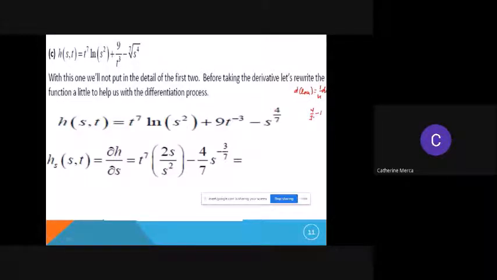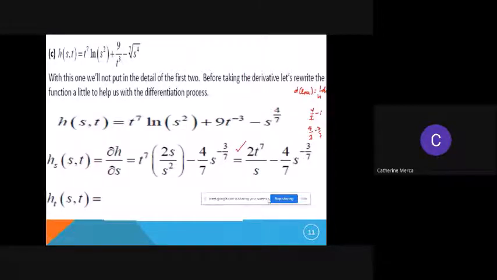That is 4 over 7 minus 7 over 7, which is negative 3 over 7. When you rewrite that further, it gives you 2t to the 7th over s, because you can cancel out s with the s squared there. So 2t to the 7 over s, minus 4 over 7 s to the negative 3 over 7.